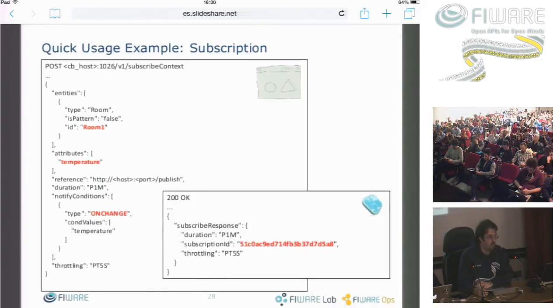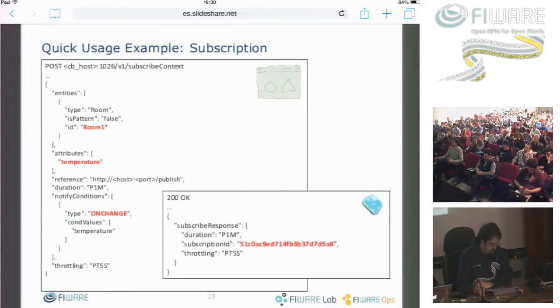That means that whenever the attribute value changes, the notification has to be sent. Which attribute is monitored for changes? The one that you specify in the condValues. So in that case, the condValues field specifies temperature. So basically, this subscription means that whenever the temperature of room 1 changes, ContextBroker has to send a notification with that temperature.